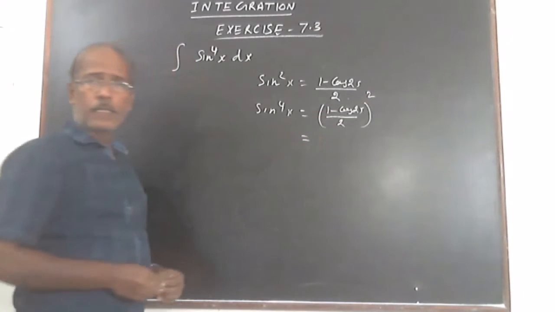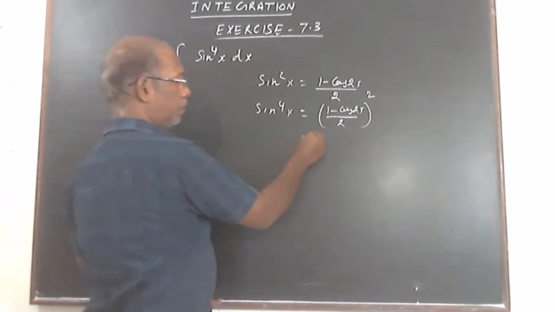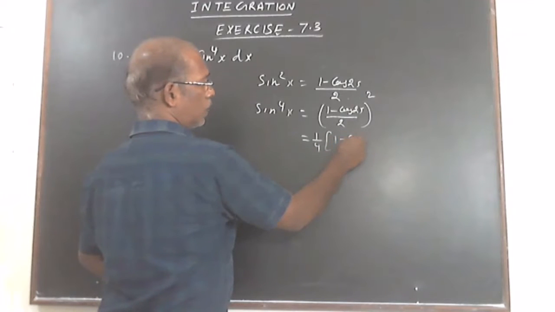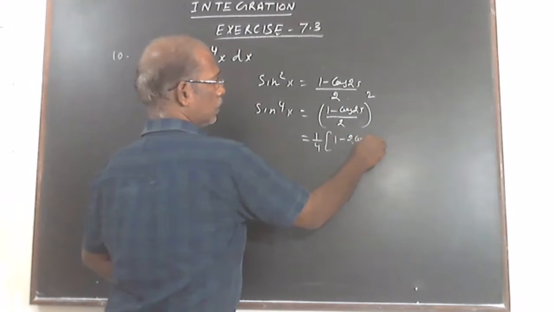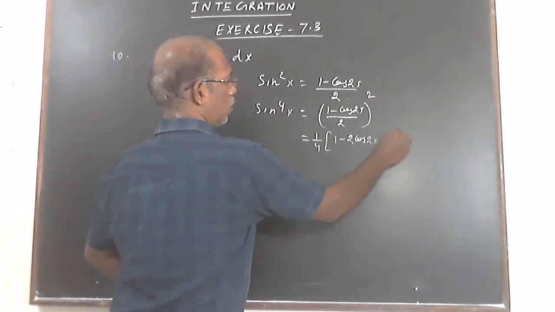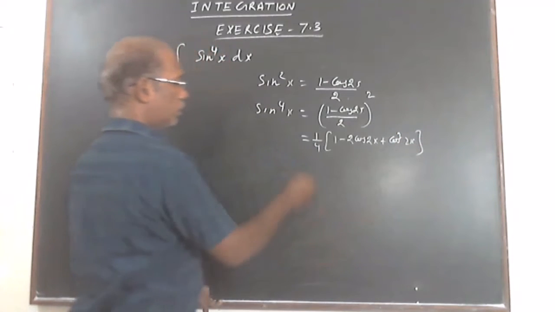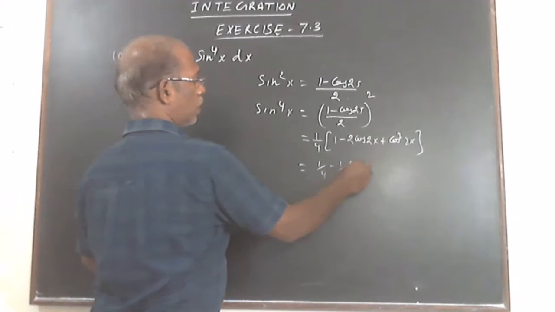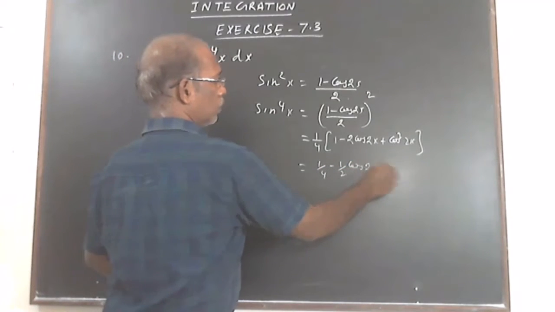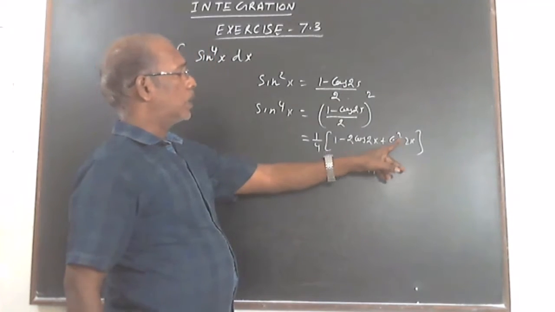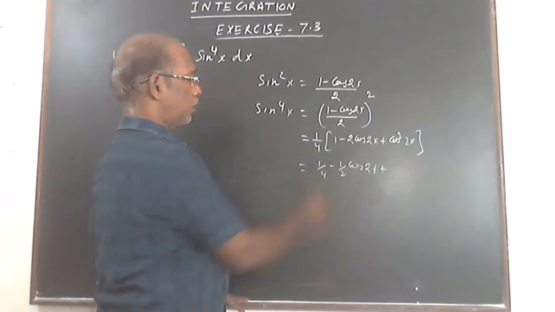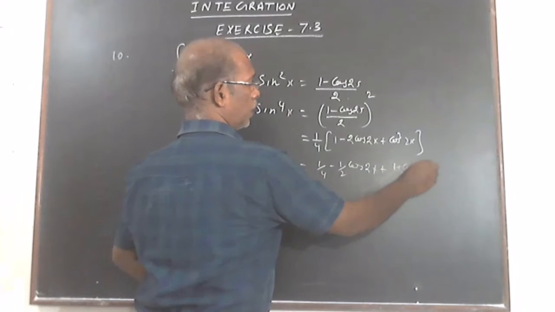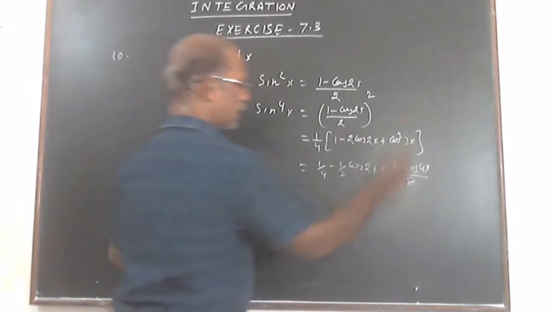After expanding this, we get 1 by 4 times (1 minus 2 cos 2x plus cos square 2x). This is 1 by 4 minus 1 by 2 cos 2x plus cos square 2x, which is (1 plus cos 4x) by 2, so 2 into 4 is 8, 1 plus cos 4x by 8.